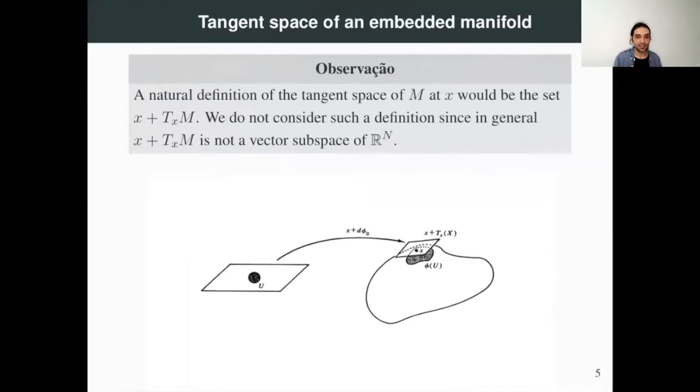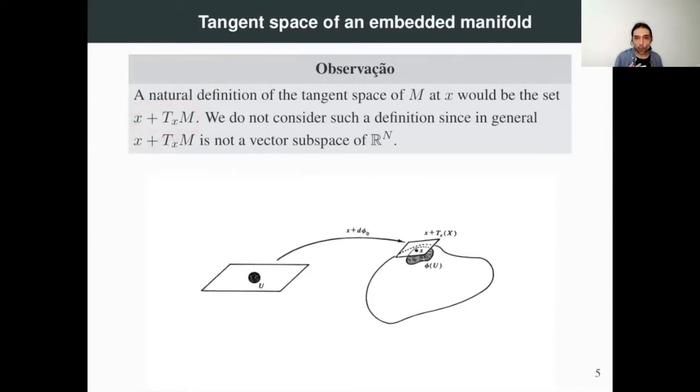And visually, it can be weird to think that the best linear approximation to our manifold at the point x does not even go through the point x. In order to make this space go through x, we have to consider the points of this form.